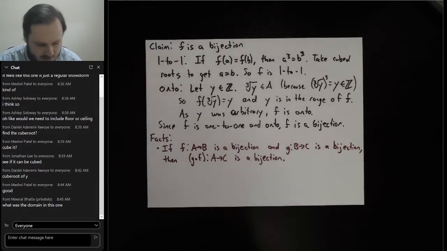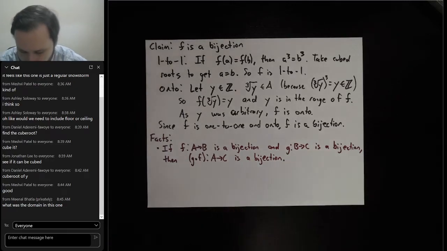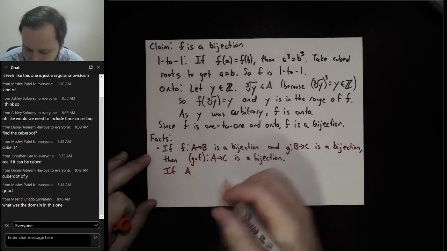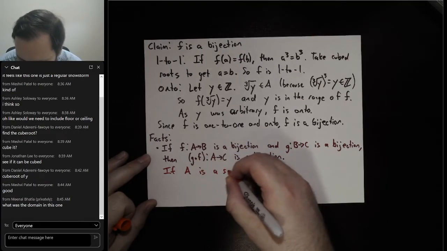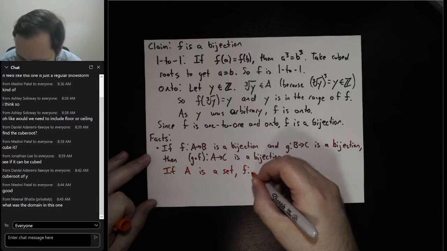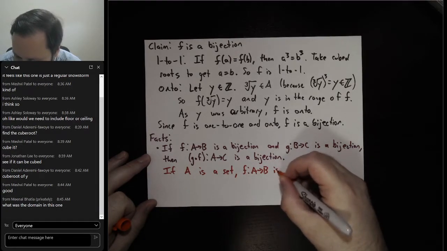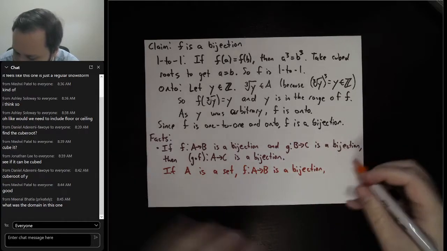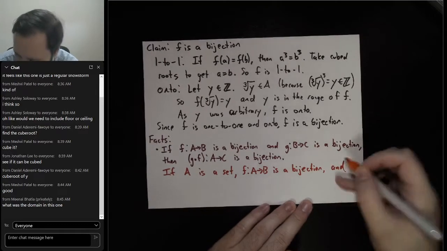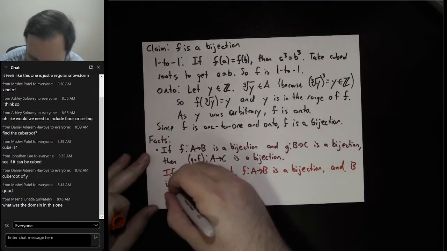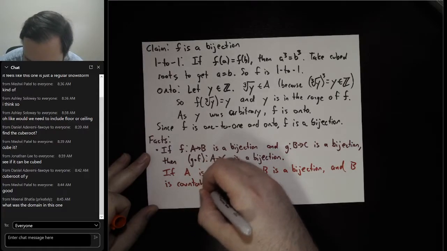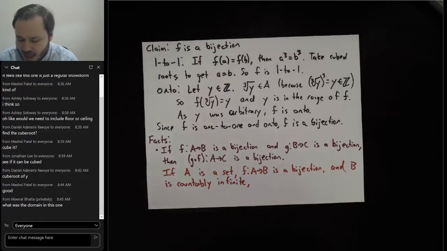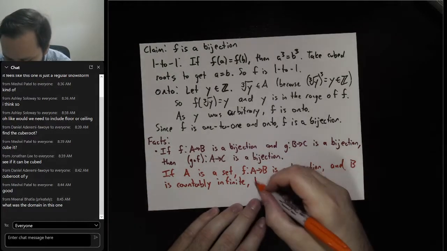So this means if A is a set, f from A to B is a bijection, and B is countably infinite, then A also has to be countably infinite.